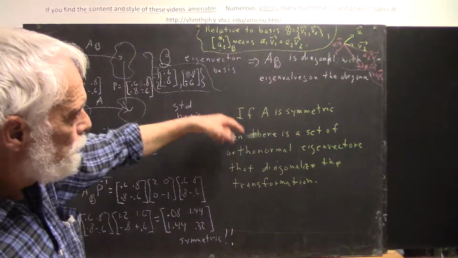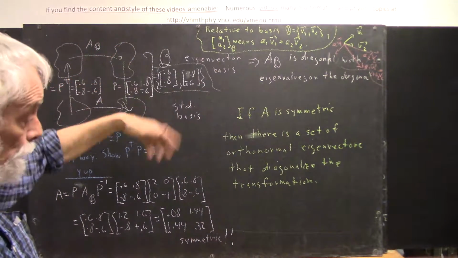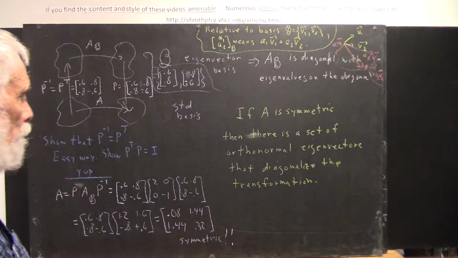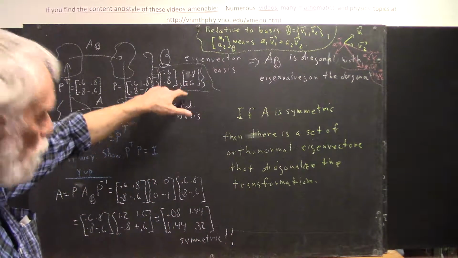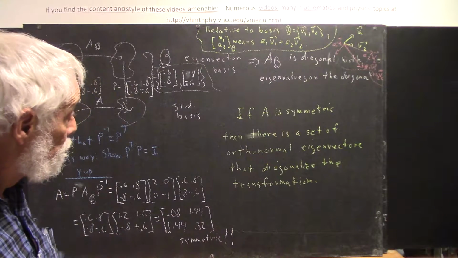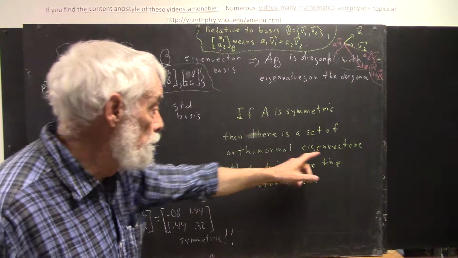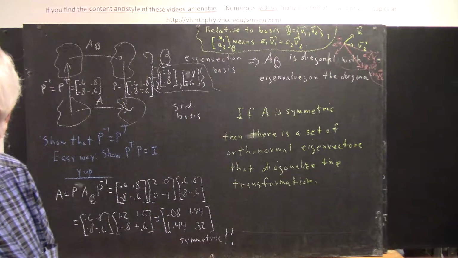There is also a statement that's not proven by this by any means, because it's the converse of the fact that when you do this with an orthogonal matrix here, you get a symmetric matrix. The other is, if you start with a symmetric matrix, then you're going to get a set of orthogonal eigenvectors.